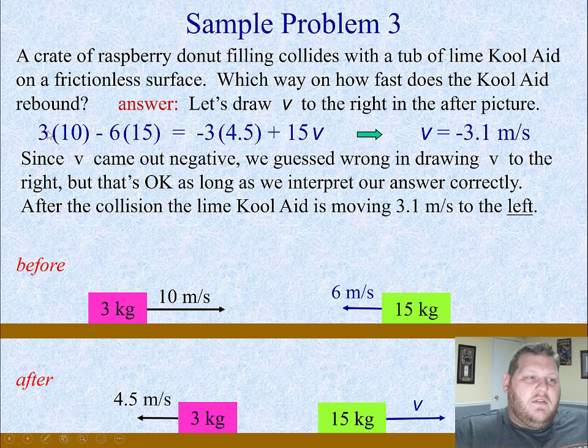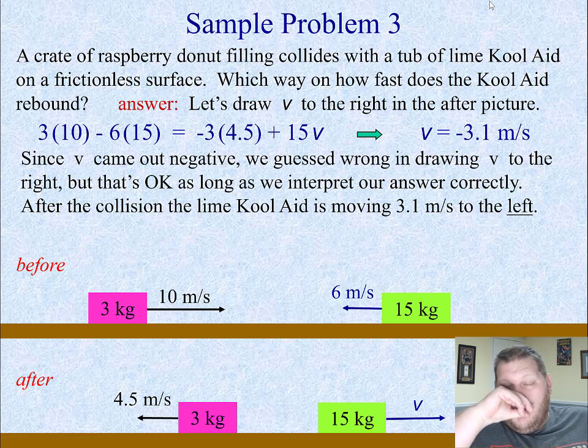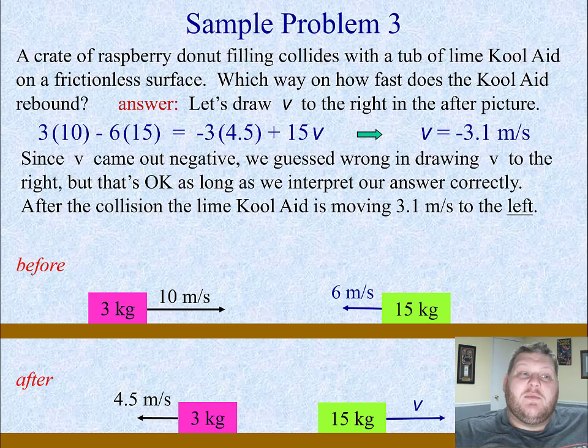As you go through and solve this, this is 30 minus 90, so negative 60 equals that. We're going to do a little bit of math here, but I'm not going to bore you with that because I know all of you are more than capable of doing simple math problems like this. We end up with a V of negative 3.1 meters per second, which tells me that since it's negative, my arrow is actually drawn in the wrong direction.